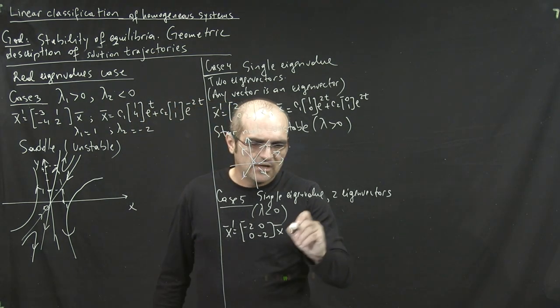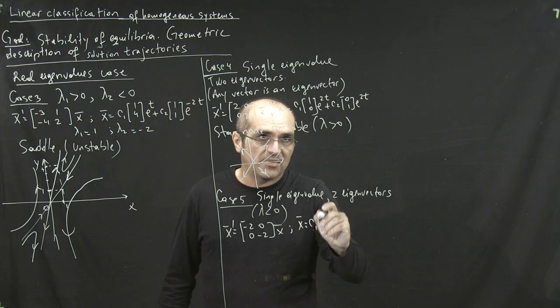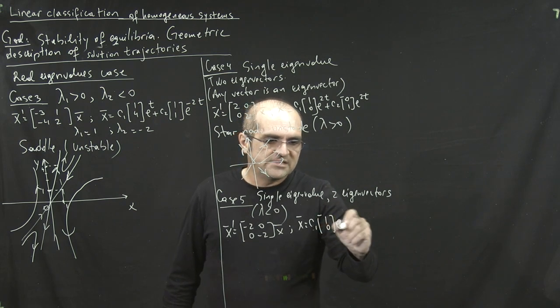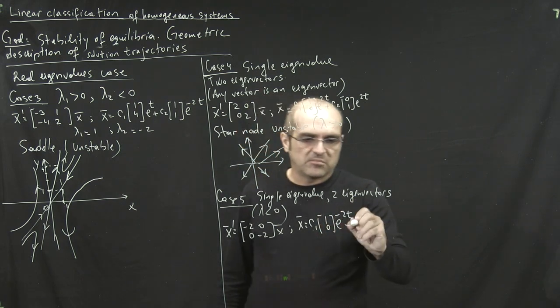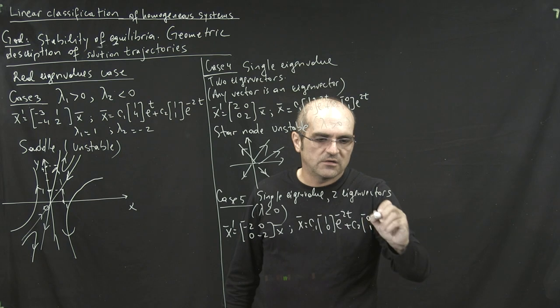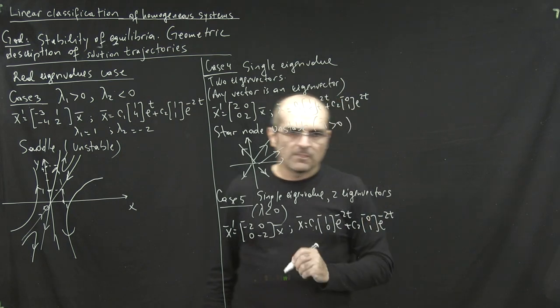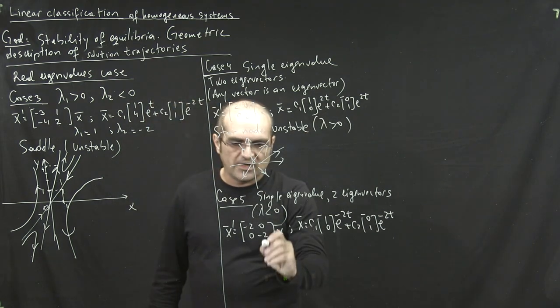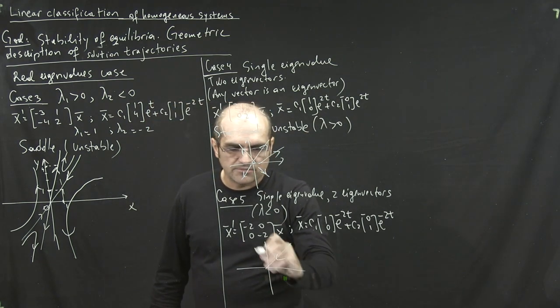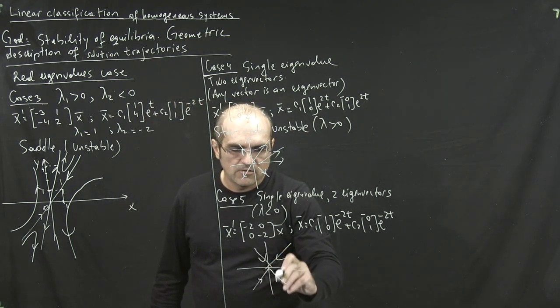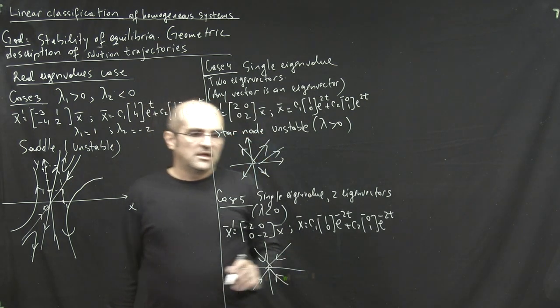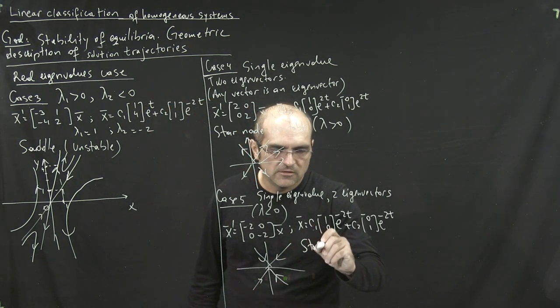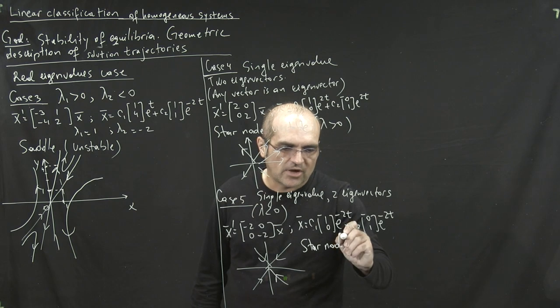And of course, the solution in this case will be a combination of (1, 0) e^(-2t) plus (0, 1) e^(-2t). So the mirror image of this, but now with the arrows moving in toward the origin. Okay, so you have what is called a star node, stable or attracting.